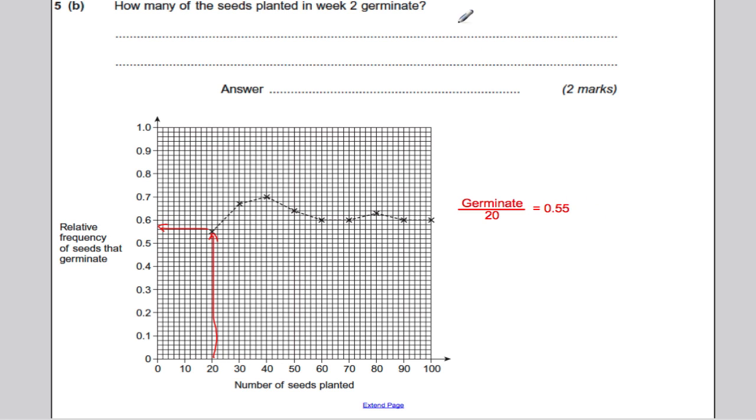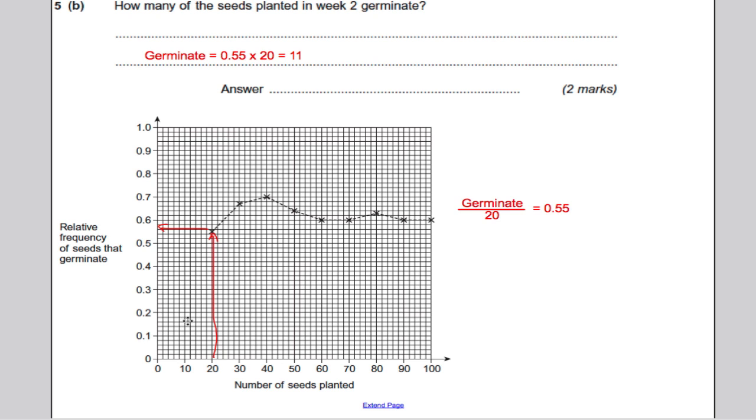So to work out the number of seeds that germinate, we're going to have to do 0.55 times by 20, which is 11. Now I know 11 seeds at this stage have now germinated.